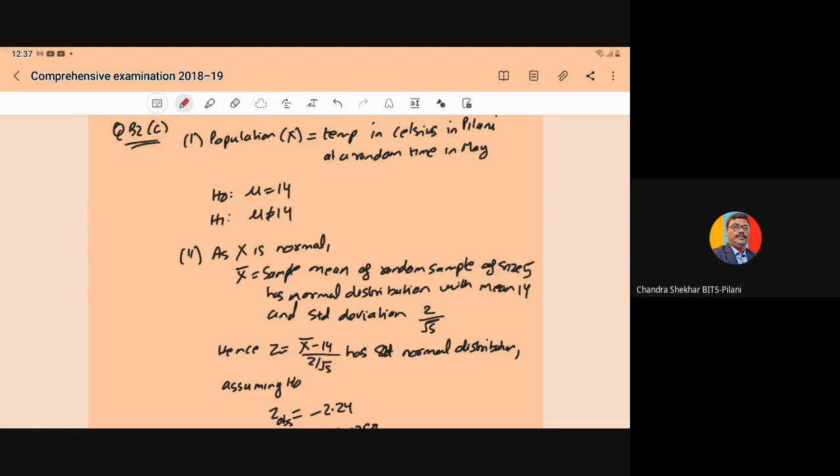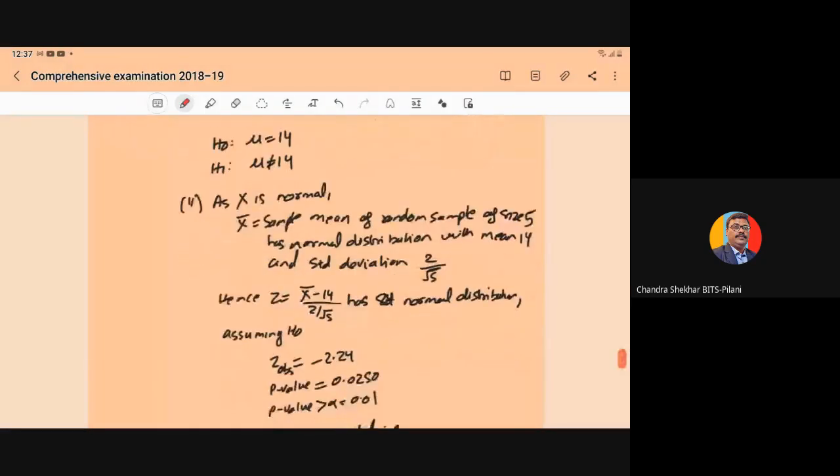Now we define z as x bar minus 14 upon 2 upon root 5, which means it follows the standard normal distribution.